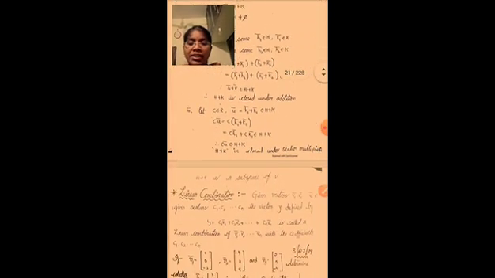Okay, and next one, linear combination. So see here, linear combination definition: given vectors v1 bar, v2 bar, ..., vn bar and given scalars c1, c2, ..., cn, the vector y defined by y is equal to c1 v1 bar plus c2 v2 bar plus, and so on, up to cn vn bar, is called a linear combination of v1 bar, v2 bar, ..., vn bar with the coefficients c1, c2, ..., cn.